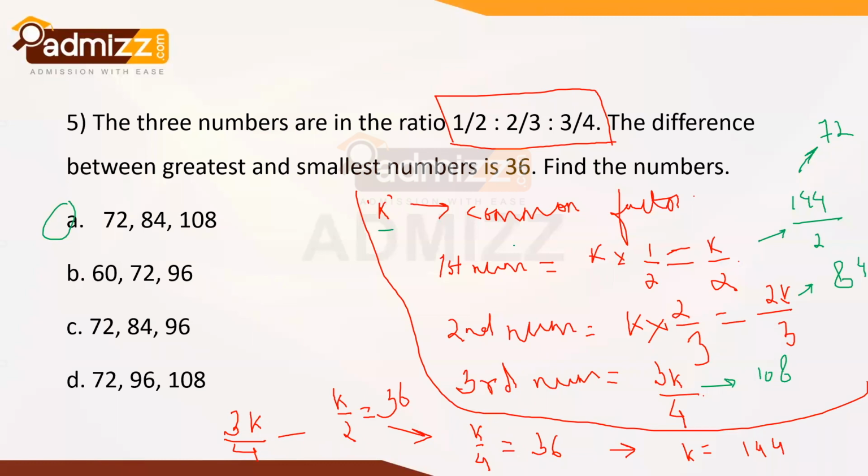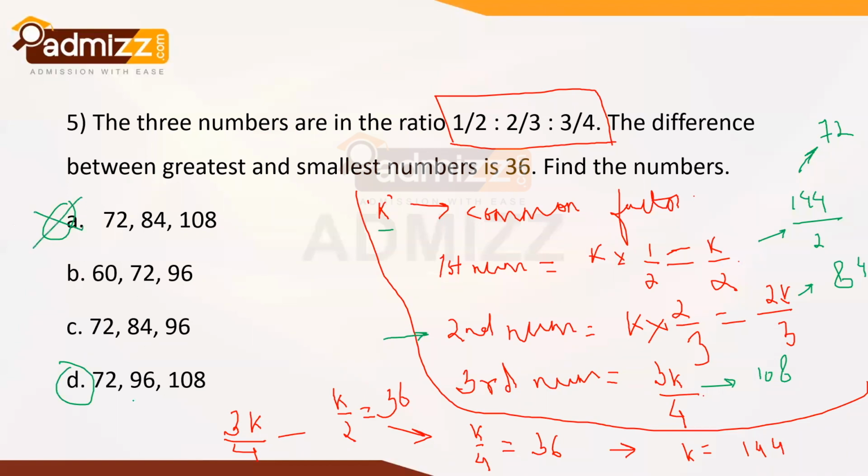Just a second, the chat is saying that the correct answer is option number D. So there might have been an error in computation, so let me check that. Yep, the correct answer is in fact D. I made a mistake in this particular computation, the second number. So A is not the correct answer.